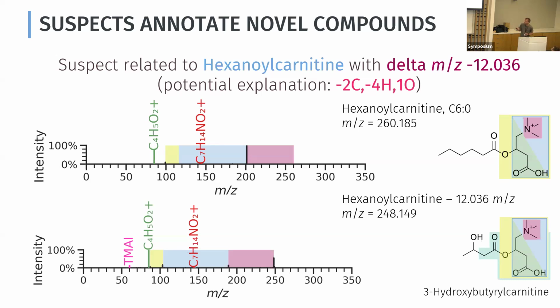And really, we were able to look at the spectra in detail, and there's this tiny light blue peak next to the red one, which is characteristic for a 3-hydroxy acyl carnitine, which provided the structural hypothesis of 3-hydroxybutyrylcarnitine. And then Mauricio actually confirmed this based on synthetic standards as well, which got a cosine similarity of 0.999, pretty much confirming this annotation.